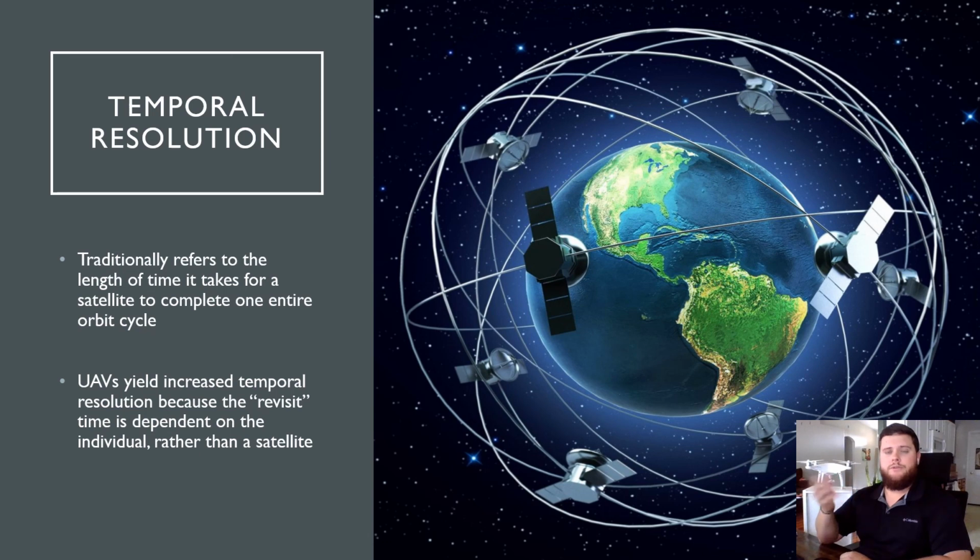I don't know if any of you spend much time on Google Earth, sometimes you'll see that your imagery is updated twice a year, sometimes once a year, sometimes it's a few years before that imagery is updated. And that's what temporal resolution is about. Same thing with Google Earth, like I said, and even NAIP imagery. NAIP imagery is flown, like Justin said, once every 2 years, or it's obtained. You are able to gather that imagery once every 2 years.